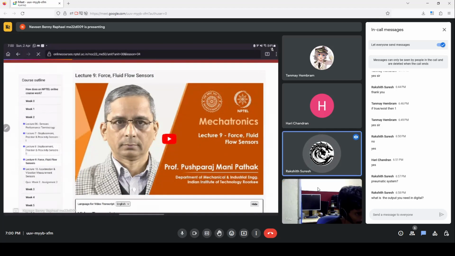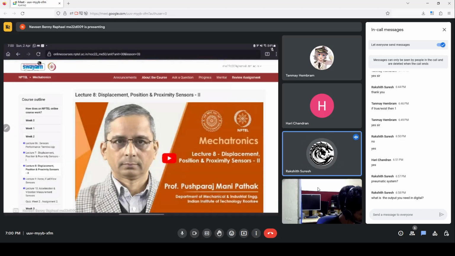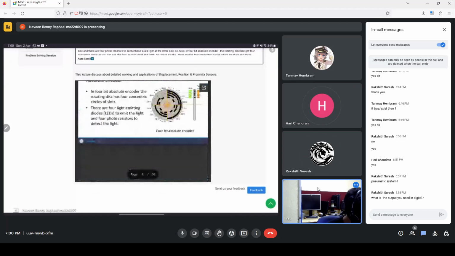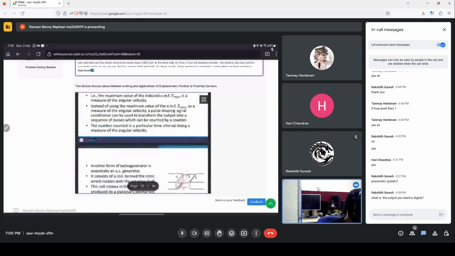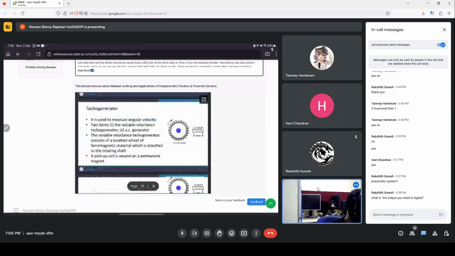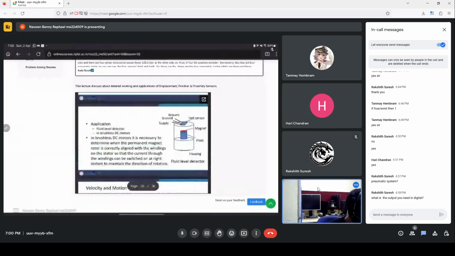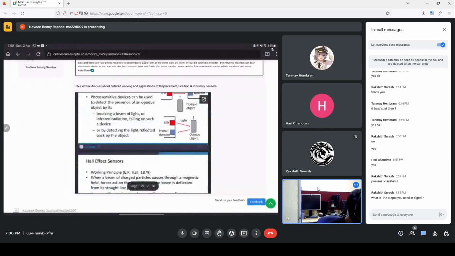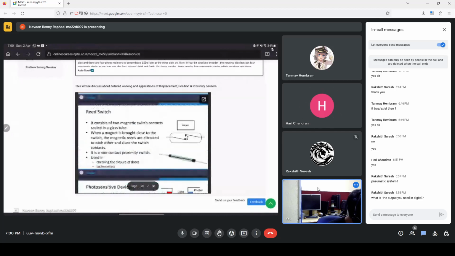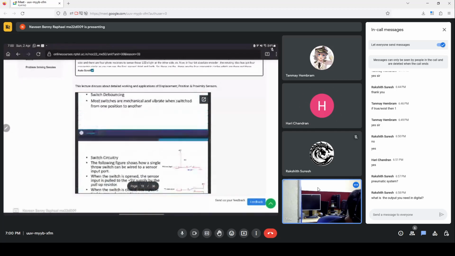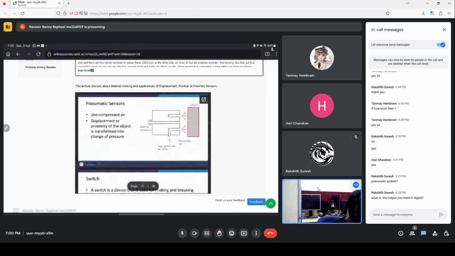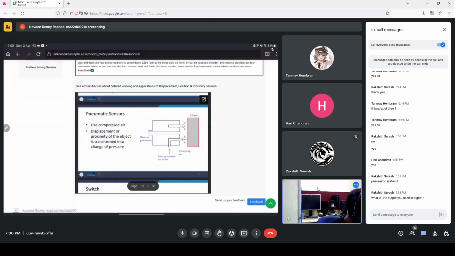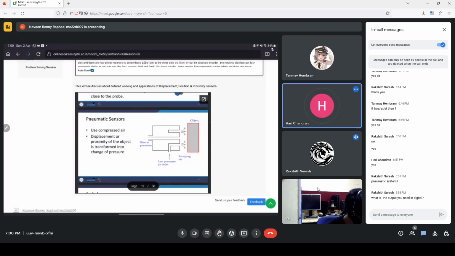Is it in the fluid flow sensors? Does it come in that? I just checked that one. I remember the sensor he is talking about, but I don't remember which slide it was in. This one, right? Yes, the pneumatic one.